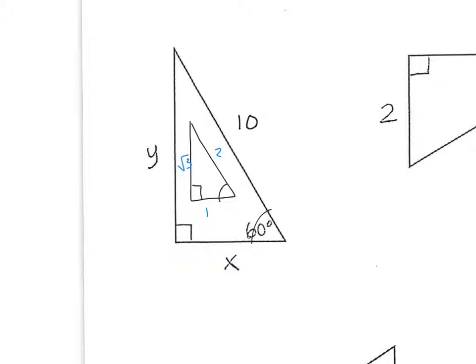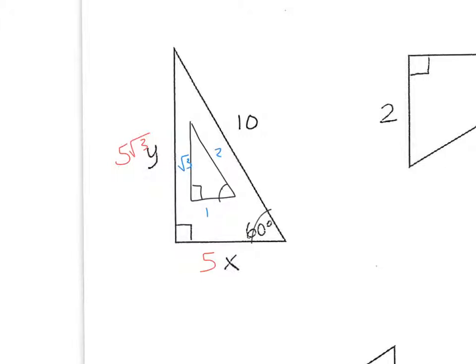So now I can use similar triangles to find what x is. But look how the hypotenuse is twice the short side. So if this is 10, this has to be 5. And if this is 5, this has to be 5 root 3.